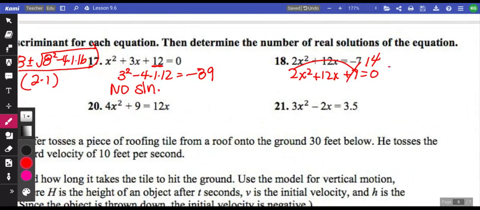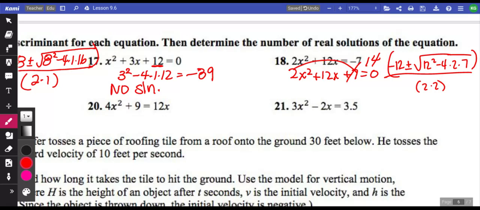So I'm going to do opposite of b plus or minus the square root, b squared minus 4ac, all over 2a. And I got -0.65 and -5.34.